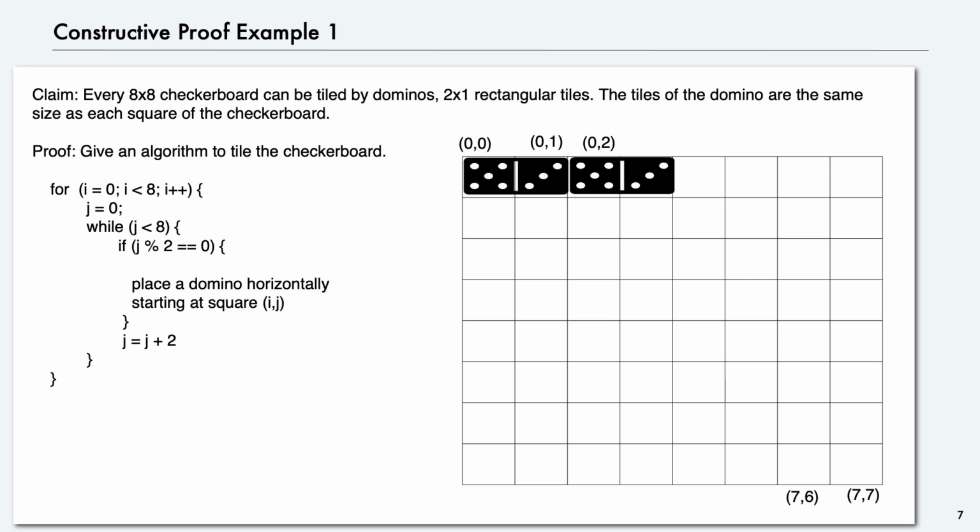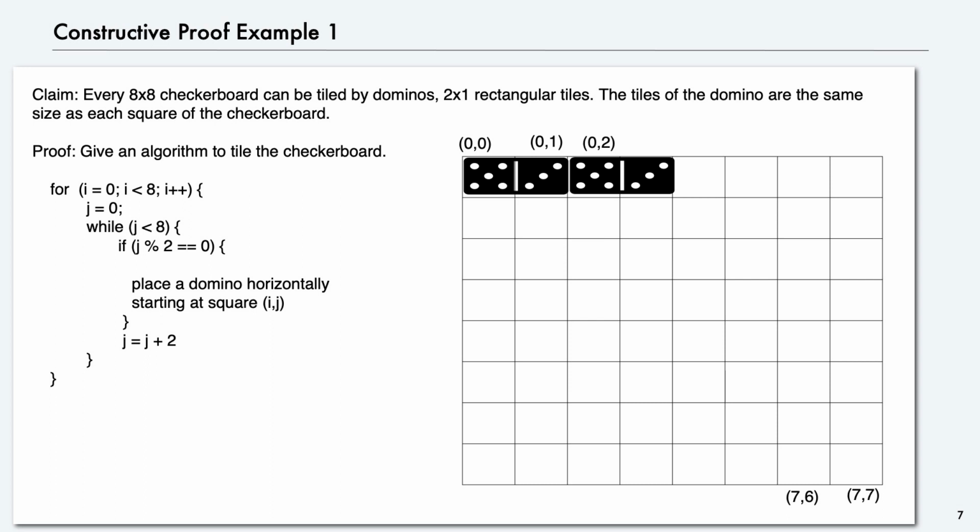If j is even, we'll place a domino horizontally starting at the square i, j. So for example, for i equals 0 and j equals 0, we will place a domino starting at the square 0, 0, and it will overlap the square 0, 1. Once we do that, we can increment j by 2. So then on the next iteration of the while loop, j will be equal to 2, that's less than 8.